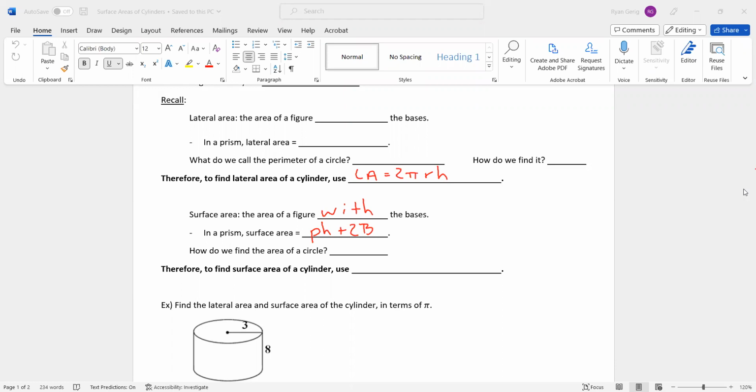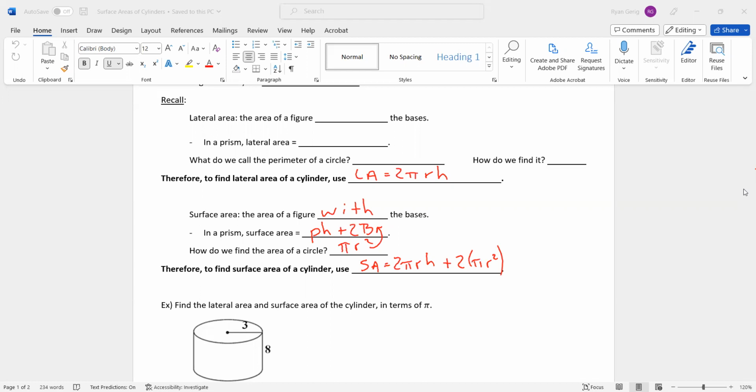Well, how do we find the area of a base in this case, which is a circle? The area of a circle is pi r squared. So I'm going to replace B with pi r squared. So the surface area is the lateral area, or 2 pi r h, plus 2 circles, or 2 pi r squared.